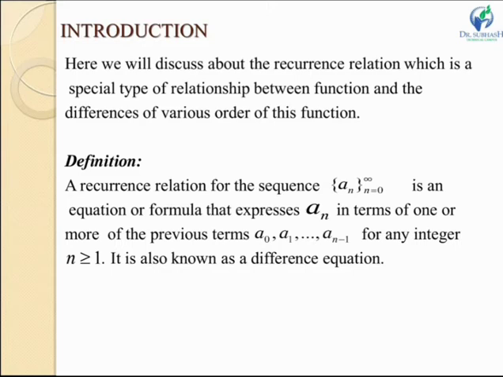The definition of recurrence relation: a recurrence relation for the sequence an, where n equals 0 to infinity, is an equation or formula that expresses an in terms of one or more of the previous terms a0, a1 up to an minus 1 for any integer n greater than or equal to 1. This is also known as a difference equation.